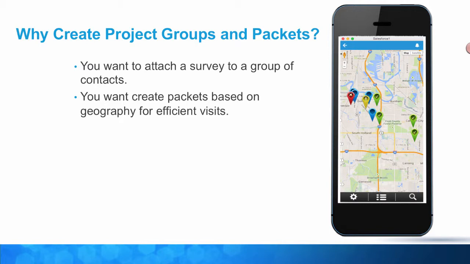For example, let's say you have 50 contacts and you have 5 organizers, 5 staff, and you want to make sure that each of them has 10 people to visit and that those 10 people are as close to each other as possible. The packetizer will take those 50 contacts and arrange them in packets based on geography, split up by 10. And that is the main purpose of the packetizer.